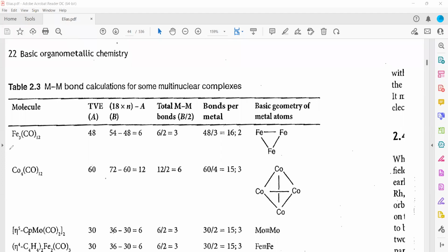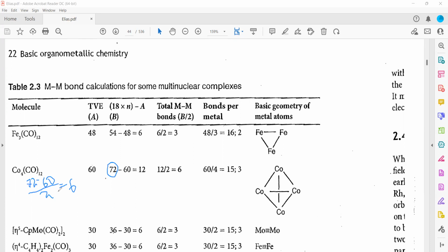In case of this complex, you need a total of 18 into 4, that gives you 72 total electrons. And what is the valence electron count of this complex? So 4 into 9, that is 36, plus 12 into 2, 24, that gives you 60. If you subtract it and divide it by 2, you will get the value of 6. So there are a total of 6 metal bonds.